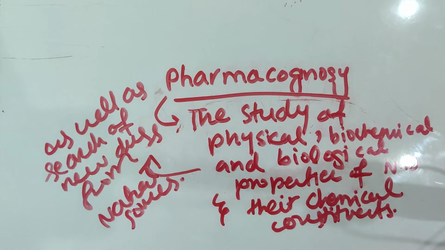The study of physical, biochemical, and biological properties of natural drugs and their chemical constituents, as well as the search for new drugs from natural sources, is also studied in pharmacognosy. So this is the definition.